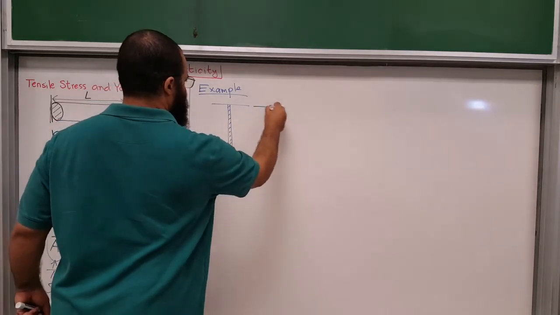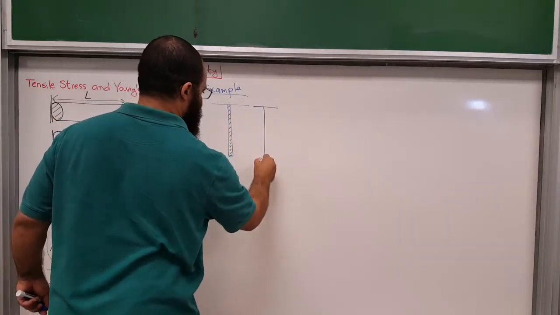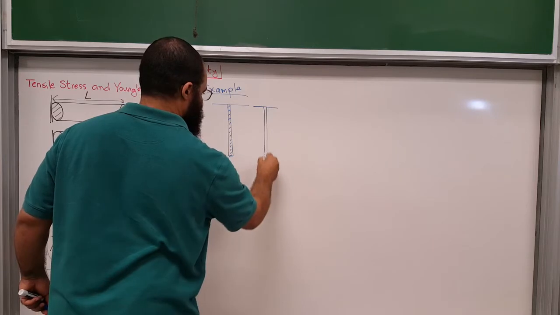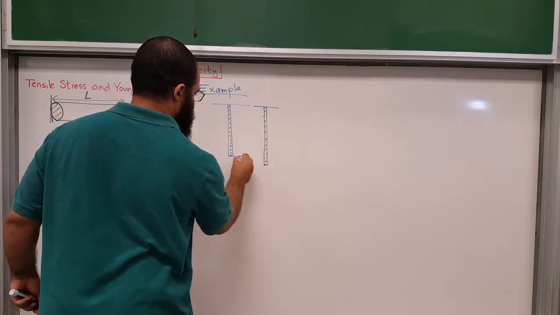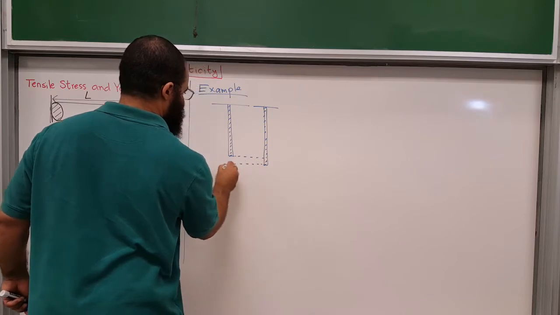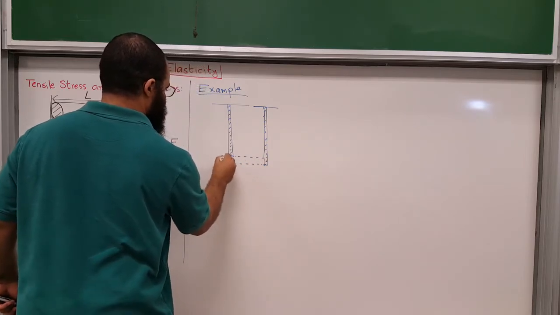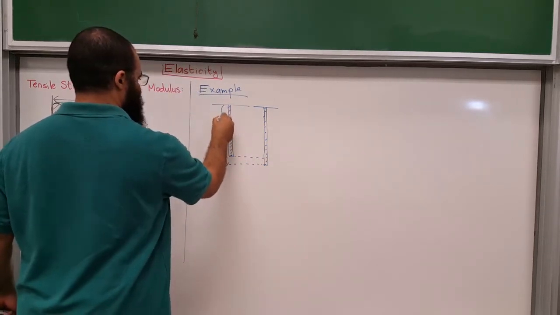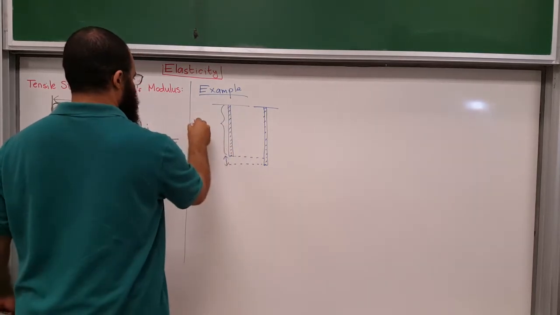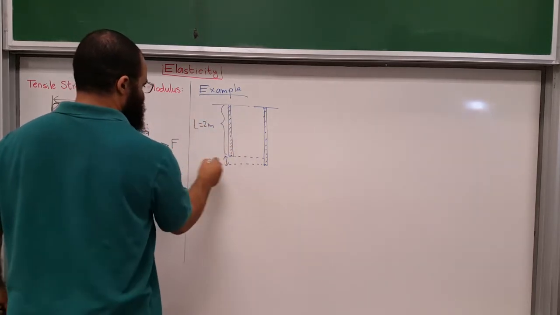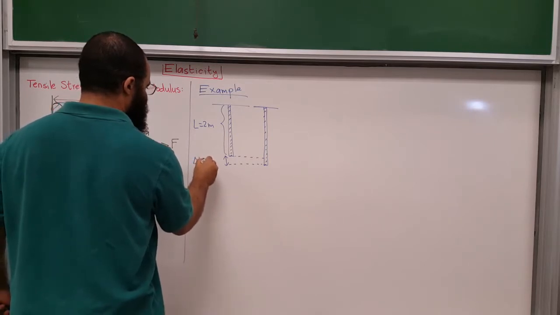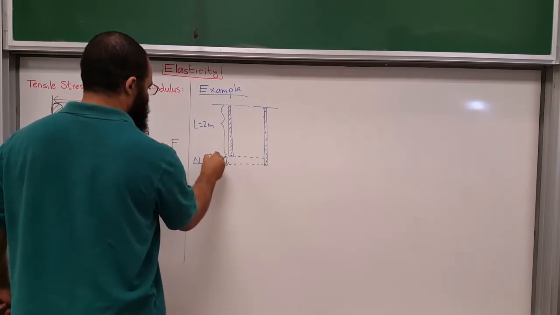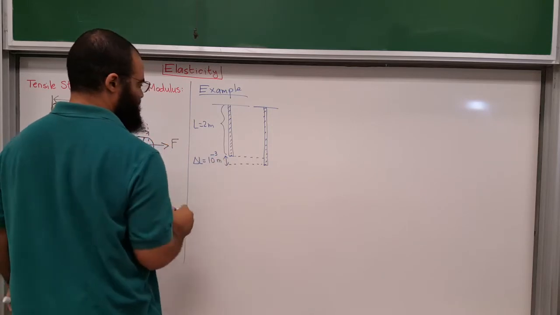What you do is you come along and you hang 4.5 kilograms on it, and it stretches. So this is the initial length, L is 2 meters. It's stretched by an amount delta L, which is 1 millimeter. 1 millimeter, that's 10 to the minus 3 meters.